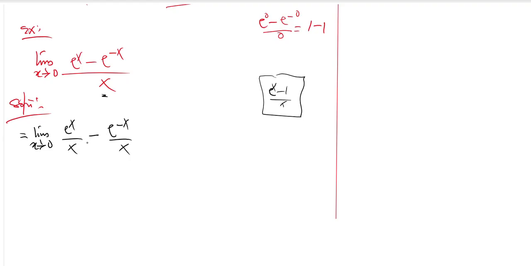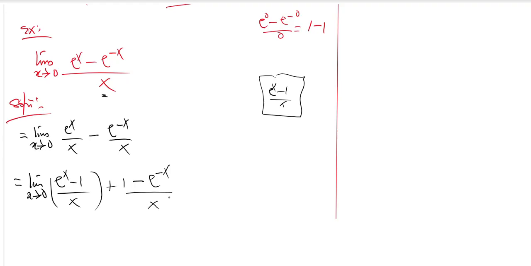And the only way to do that is to introduce minus 1 and plus 1 to the equation. So this will give us the limit as x approaches 0 of e to the power of x minus 1 all over x. So we have achieved the first part, plus 1, then minus e to the power of minus x, this all over x.